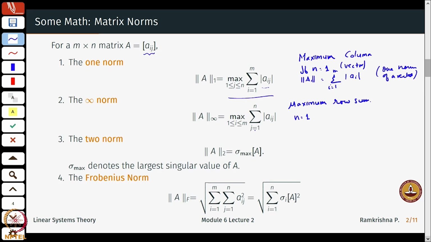Next is the notion of a 2 norm. The 2 norm of A is just the maximum singular value of the matrix A. And the last notion is that of the Frobenius norm, defined this way. We will not use much of this in this course, but it is nice to know some definitions.